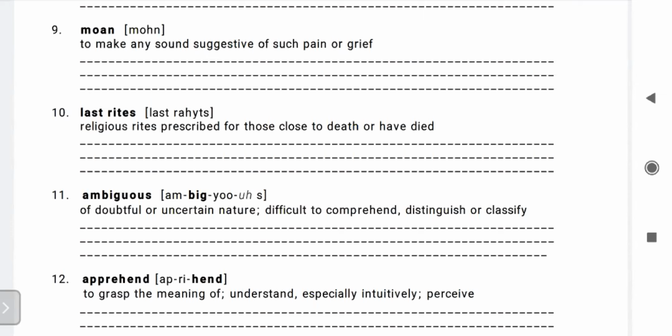Okay, another sentence. Just a minute. How about a negative sentence? Don't moan, something like that.